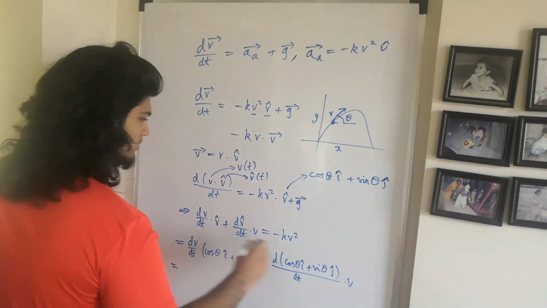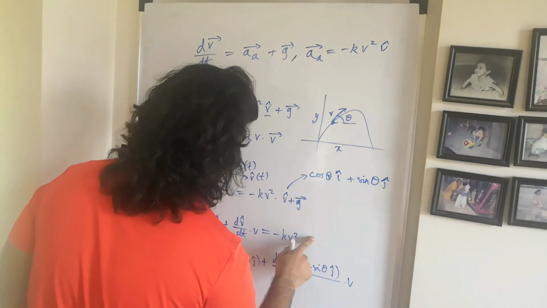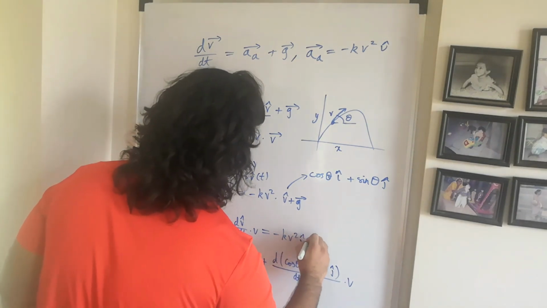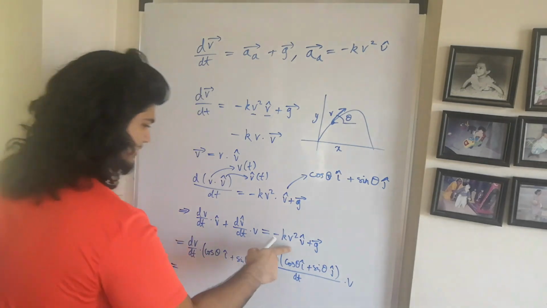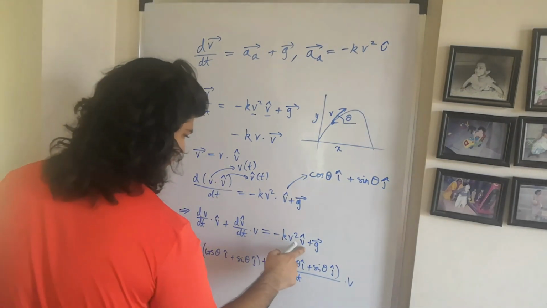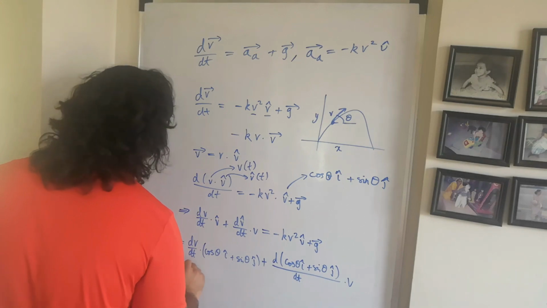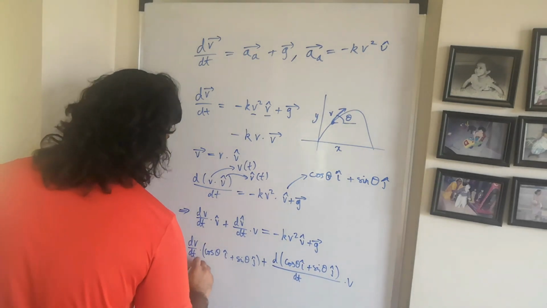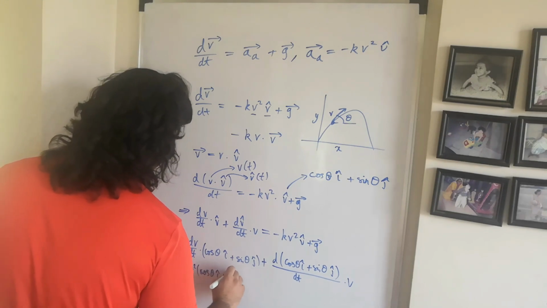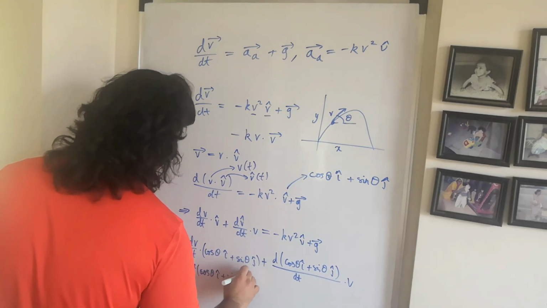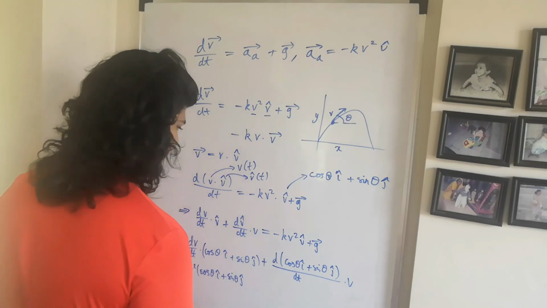So sorry, I forgot a term here. So that is equal to this thing. We can once again use the full thing that v hat is. So it will be minus k v square times cos theta i hat plus sine theta j hat.